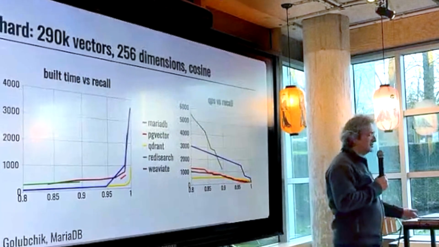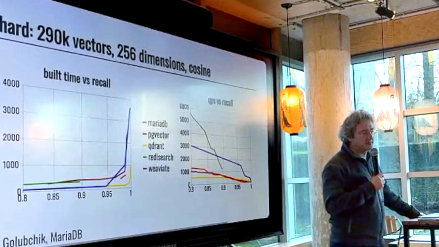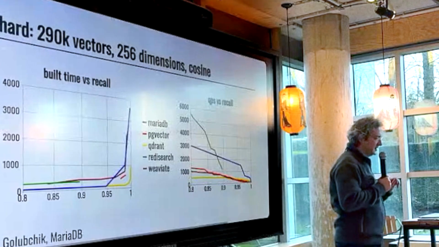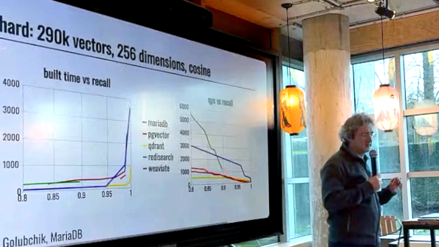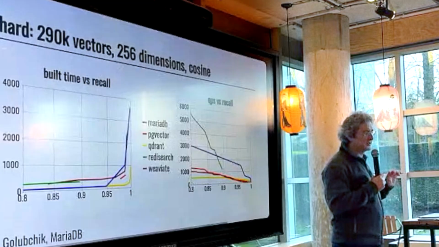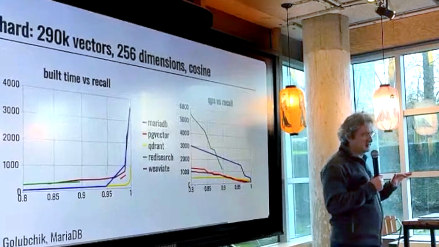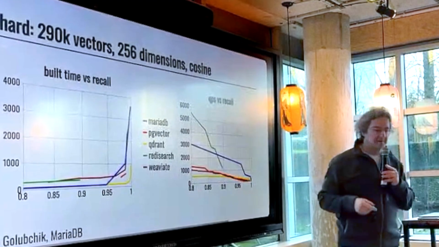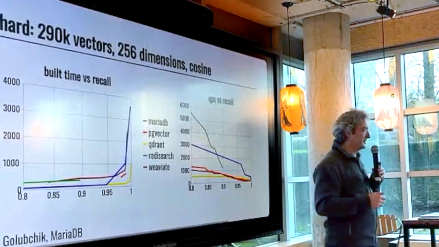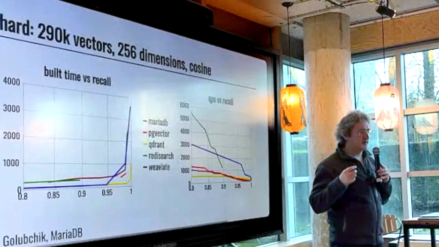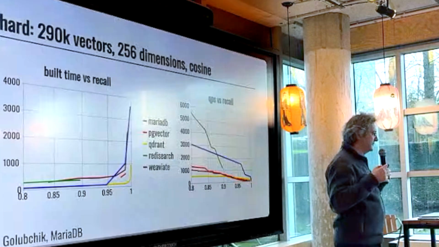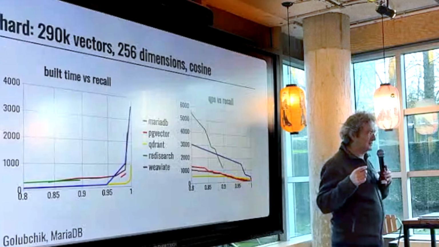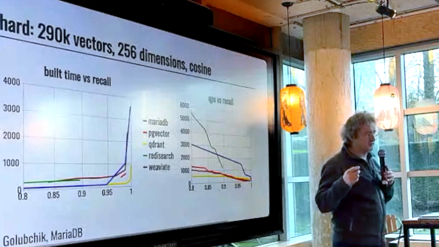And this also actually answers a question you mentioned in your talk, that if you tune this or you tune that, Postgres would perform better. I did not tune Postgres at all whatsoever, because I'm not an expert in Postgres tuning, I'm not an expert in Qdrant tuning or Redis Search or Weaviate tuning. I can tune MariaDB more or less. But I presume that those people who implemented PG vector support for ANN benchmarks are experts in Postgres tuning and they specified the best parameters Postgres could get in ANN benchmarks.